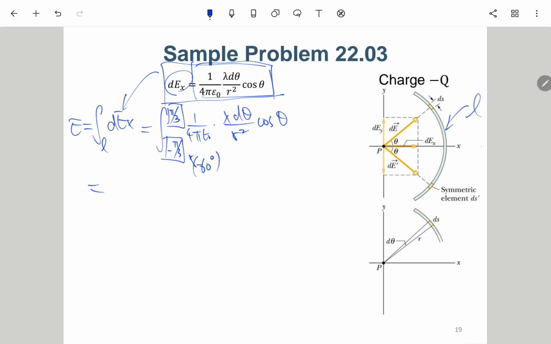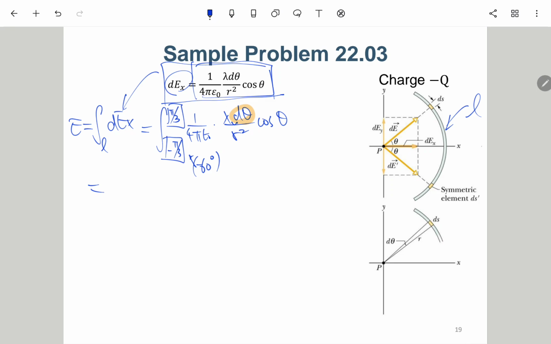Okay, so you can do the integration, but first we can just take out all the constant terms which are independent of theta, because we are integrating with respect to the variable theta.